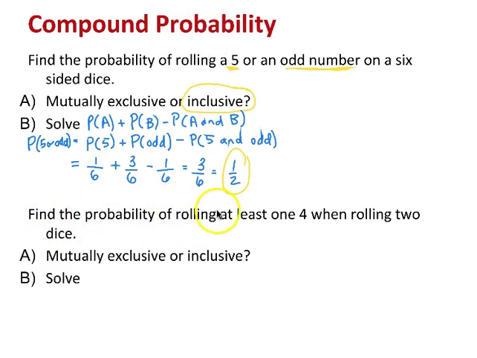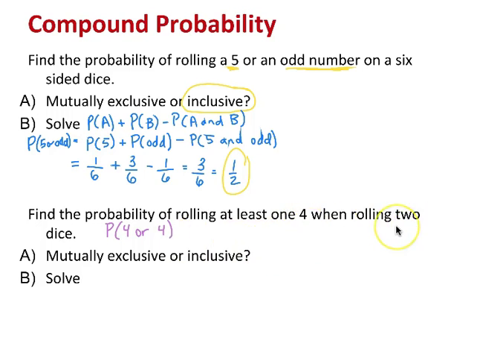Find the probability of rolling at least 1 4 when rolling 2 dice. So essentially, we're looking at what is the probability of rolling a 4 or a 4. Rolling the dice 1 time and then rolling the dice a 2nd time and getting at least 1 4. So can those events occur at the same time?